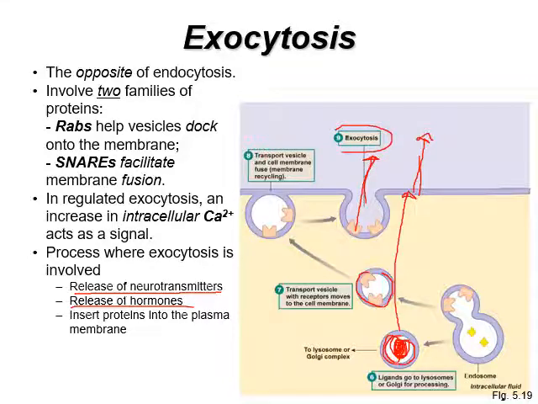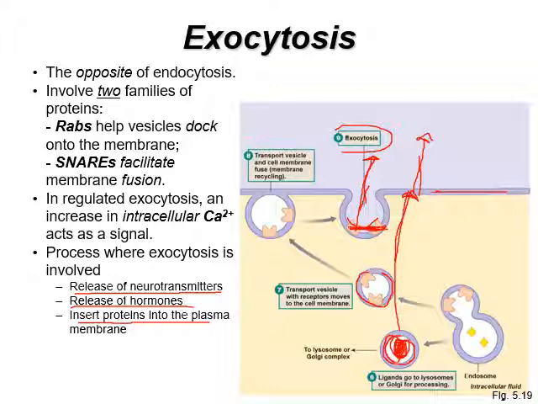We can also insert proteins into the plasma membrane. In this case, the proteins are just being inserted. They're not actually being exocytosed, but they're being fused. Again, the vesicle is going to fuse with the membrane. There's nothing to be released in this case. Instead, there are receptors that are going to sit on the membrane.